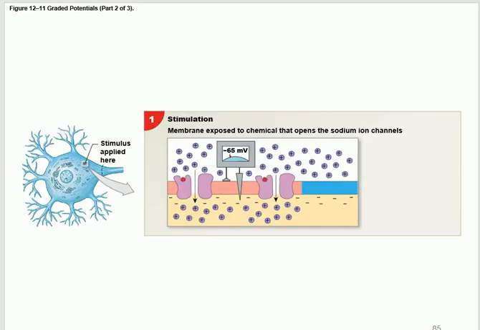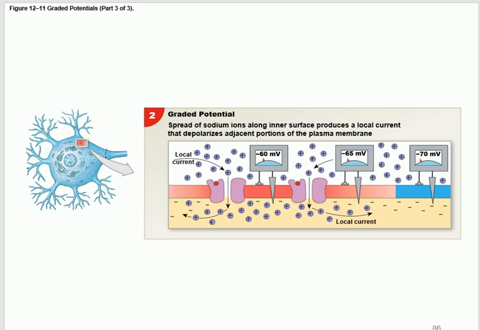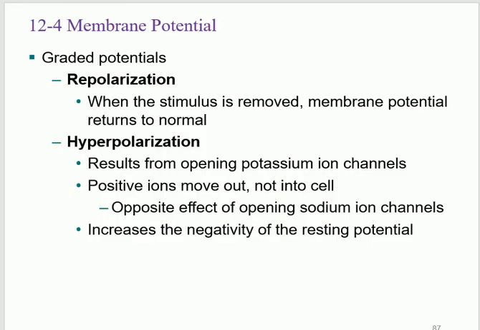So here it is, minus 70. You go to minus 65. You go to minus 60. Leak channels start to leak in, the local current comes, until you reach minus 60. If you reach minus 60, this is depolarization.